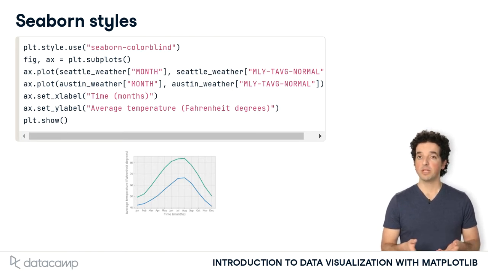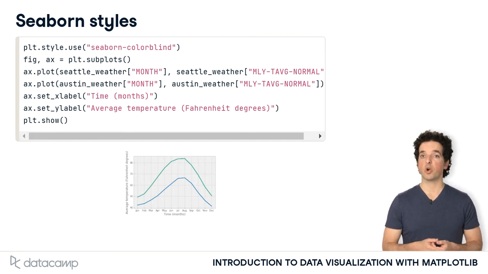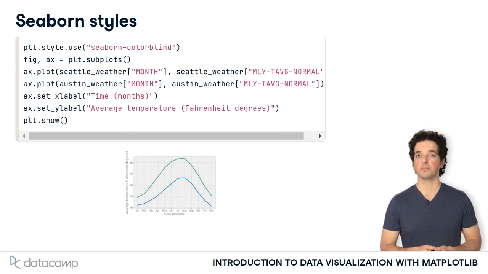In fact, if you visit the documentation webpage, you will see that there are several available styles that are named after the Seaborn software library. This is a software library for statistical visualization that is based on Matplotlib, and Matplotlib adopted back several of the styles developed there. You can learn more about Seaborn in other DataCamp courses.